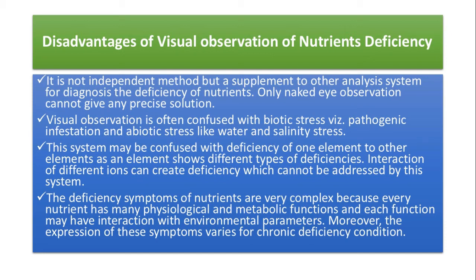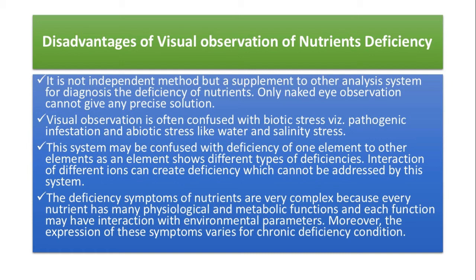Visual observation is often confused with biotic stresses, that is pathogenic infestation, and abiotic stresses like water and salinity stresses. This system may confuse the deficiency of one element with another, as an element shows different types of deficiencies. Interaction of different ions can create deficiency which cannot be addressed by this system.